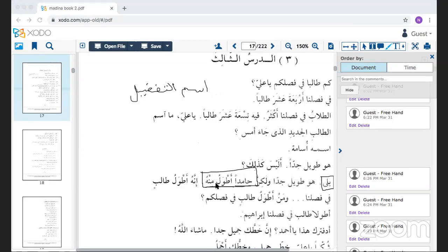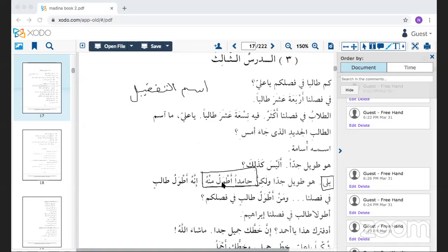And we said earlier that when the ismu tafdil does not have alif or lam, and it is not mudaf, in that case, it has to be mufrad, and it has to be mudhakkar. And that is what you see in front of you.